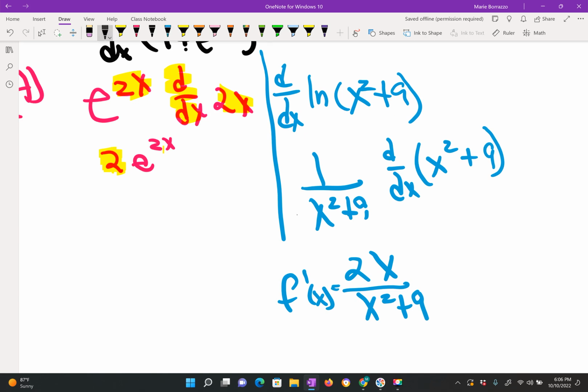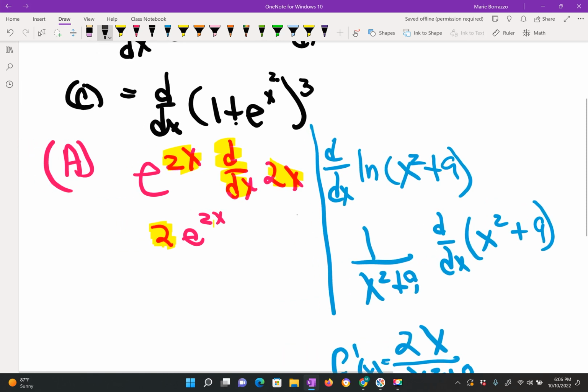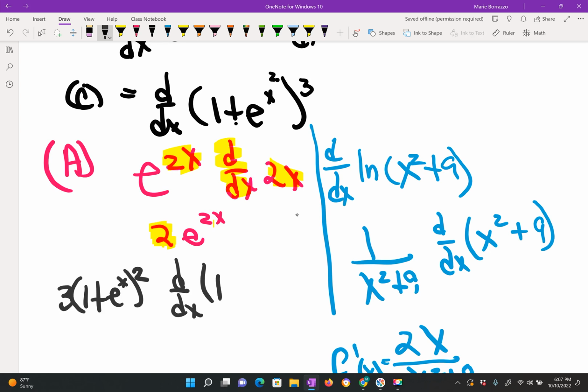Okay. The third example I threw at you was this one. I hope this one will also help you with the prior one. So in this one, if I do the d over dx of the original equation, I'm going to get 3 parentheses 1 plus e to the x to the second power. Does that make sense? Okay. Times d over dx of the original 1 plus e to the x squared.